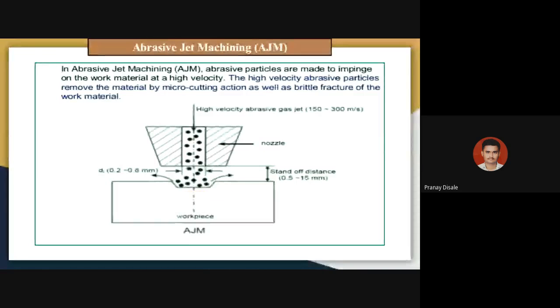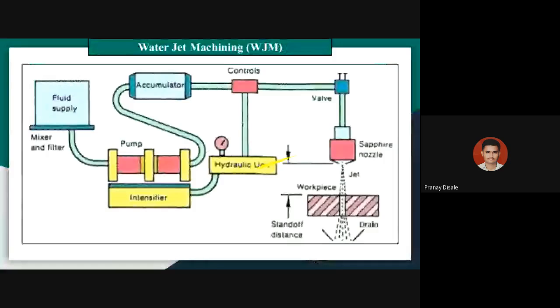Already we have discussed. Now if we talk about water jet machining, we have discussed in the last lecture also. So in water jet machining or WJM, a high velocity jet of water is used for what purpose? To remove the material.